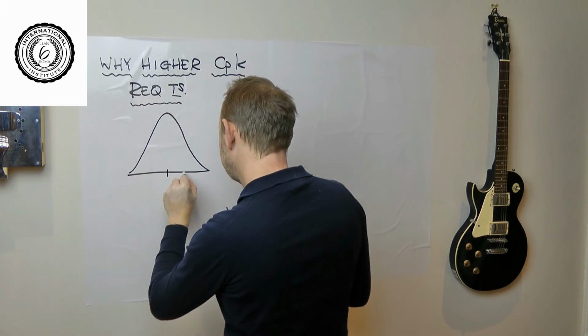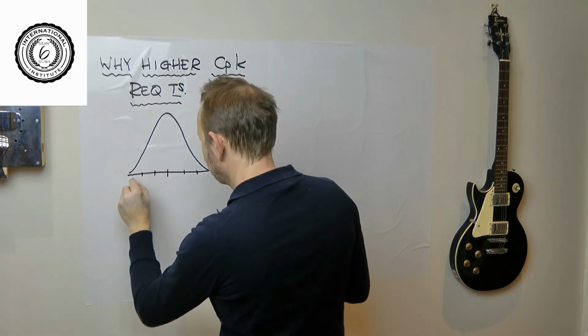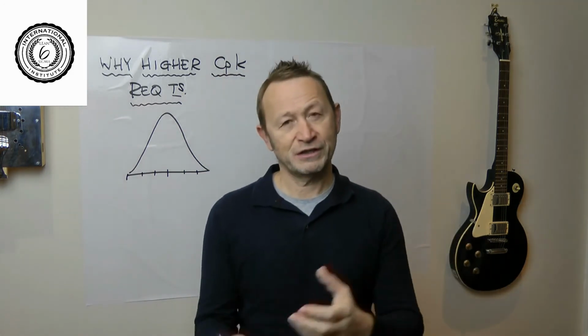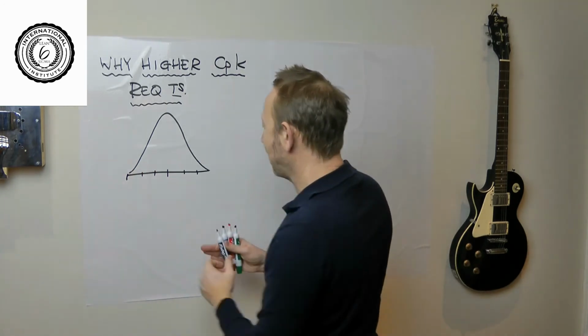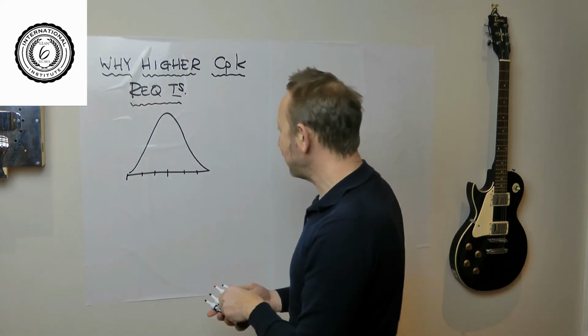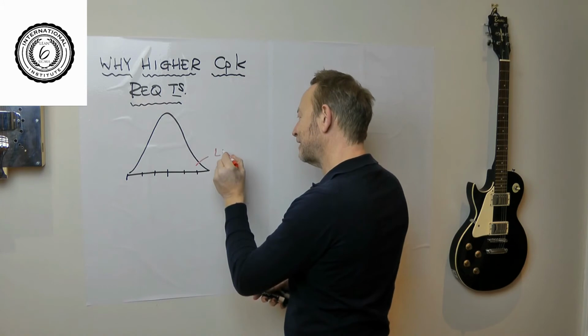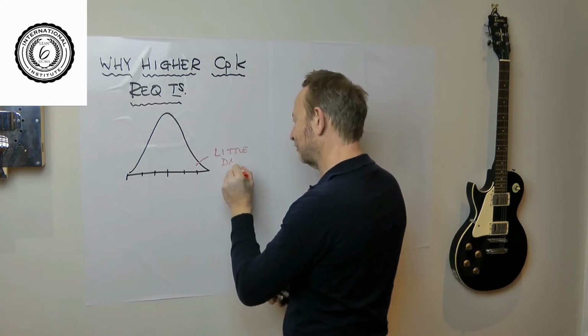So we've got the normal distribution, which is always said to be 3 standard deviations in one direction, 3 standard deviations in the other direction. Now there is the picture, and because of the nature of it, there's very little data out at the tails.